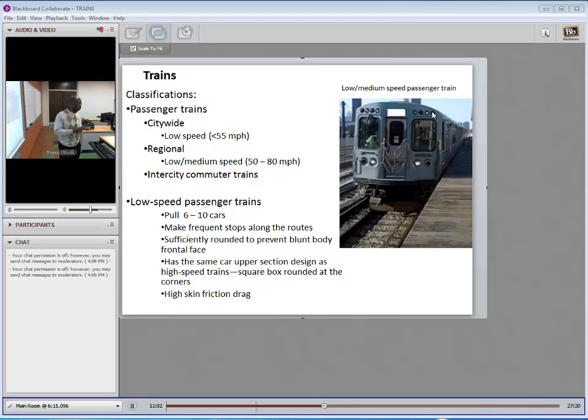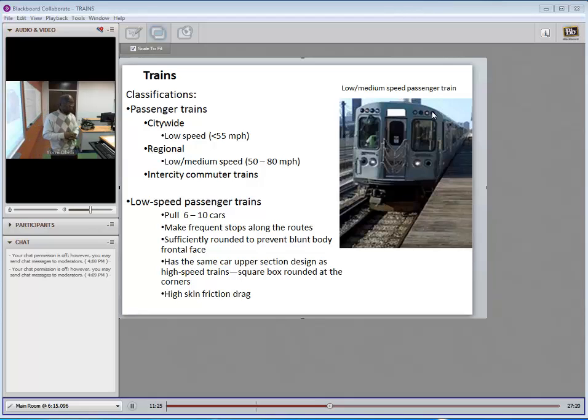There's the citywide, which is generally low speed. It stops from stop to stop every few streets. The train stops, kind of like the trolley car. And we have the regional train, which has a high end of the low speed to medium speed, about 50 to 80 miles per hour.